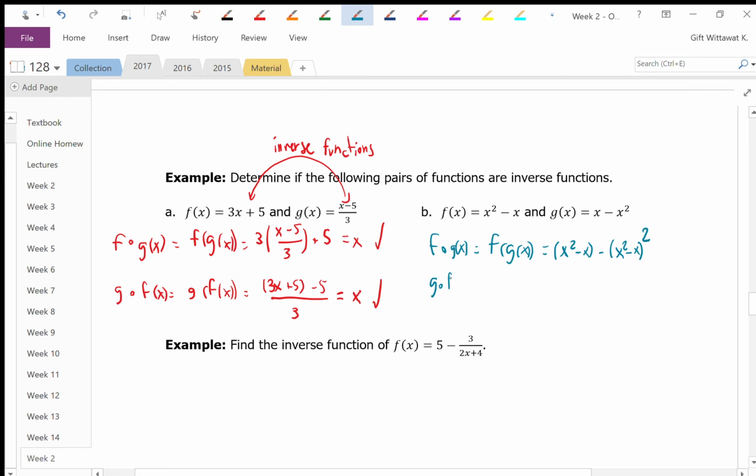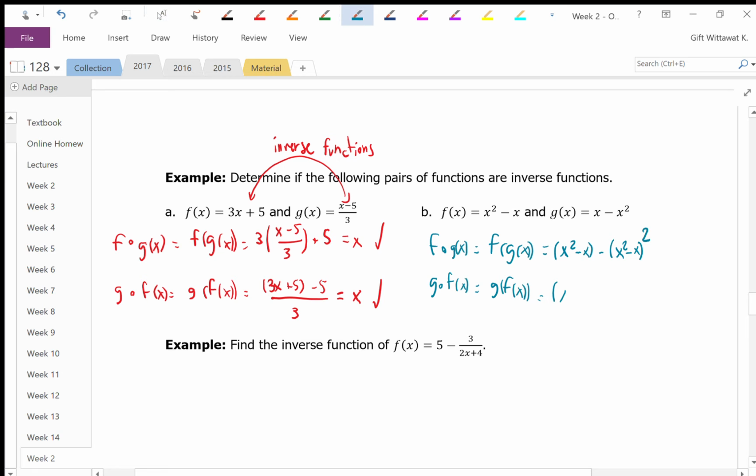Now g of f of x is going to be... wait a minute, did I do it right?